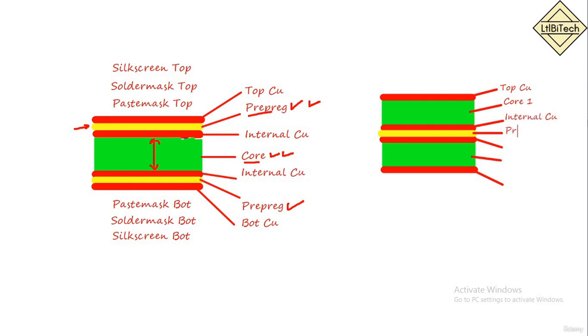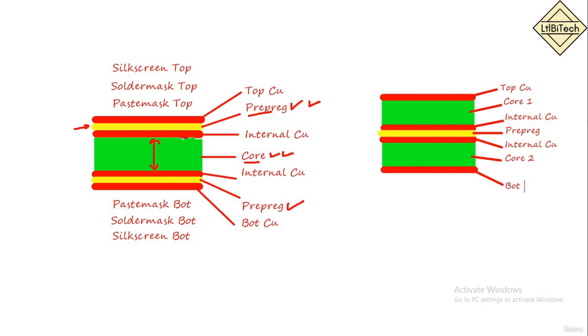Then we have only one pre-preg layer, which gives the connection between the two different laminate PCBs and makes it multi-layer. And this is the internal layer copper, that is the second internal layer. And then we have core 2, and finally we have the bottom copper.